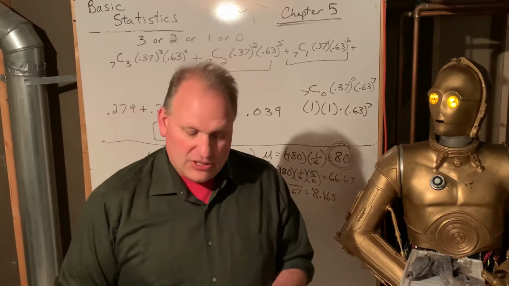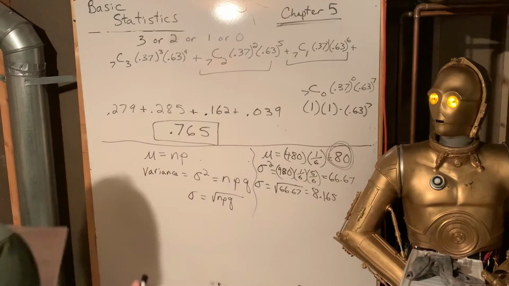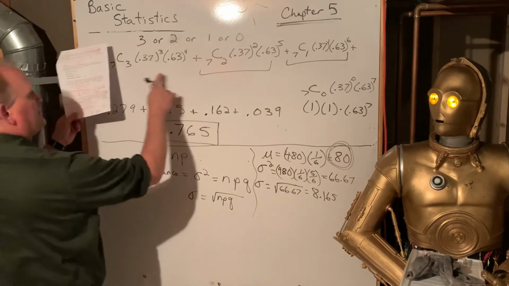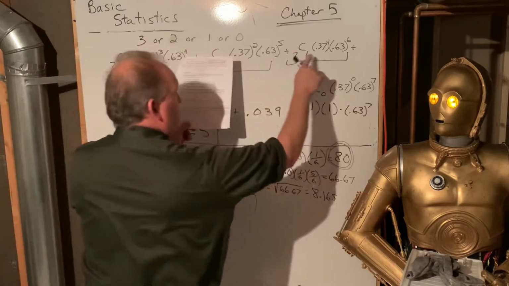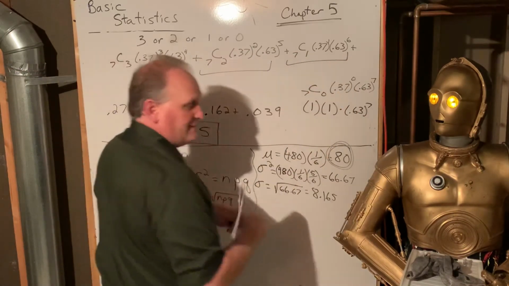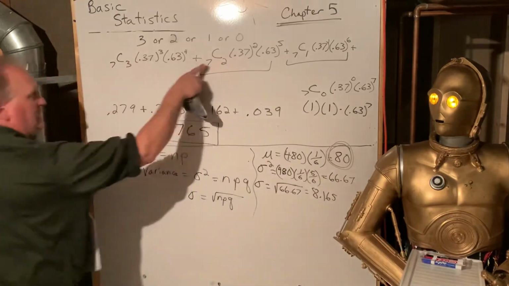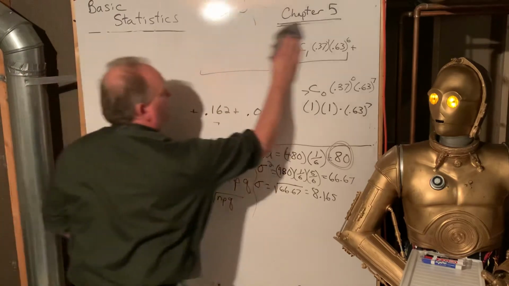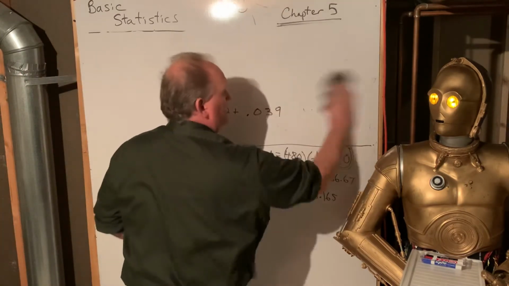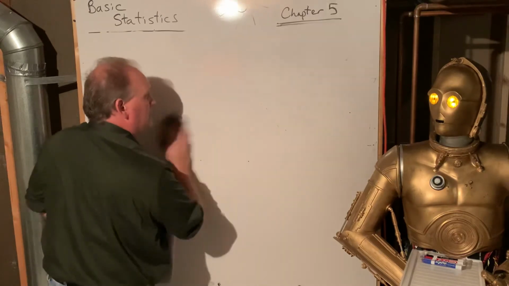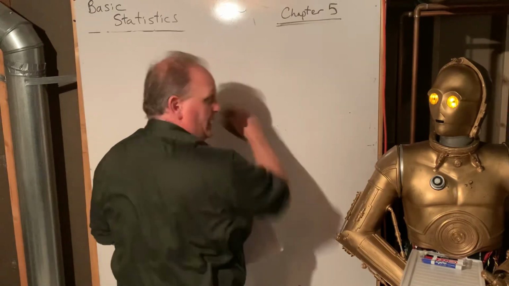Okay, so we're going to do a workup then like this. So that'll be 7 choose 0, 7 choose 1, 7 choose 2, 7 choose 3, all the way up to 7 choose 7. All right? So the same kind of setup, but we're going to do a probability distribution for it.